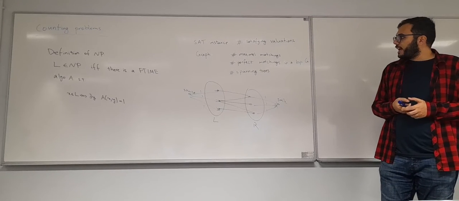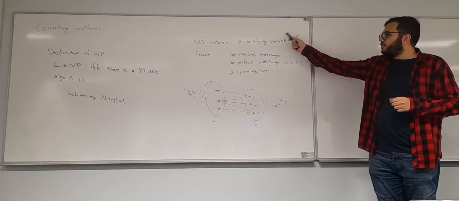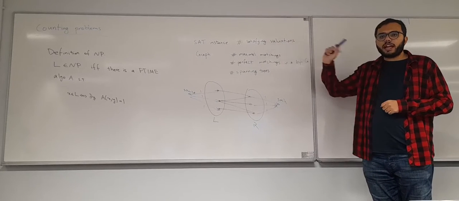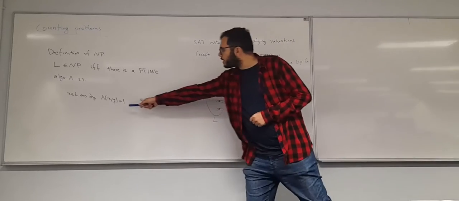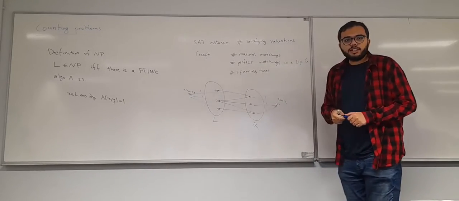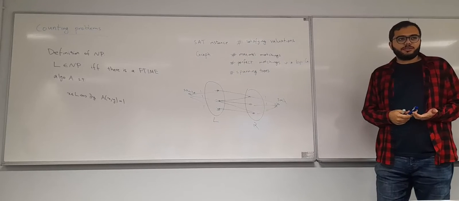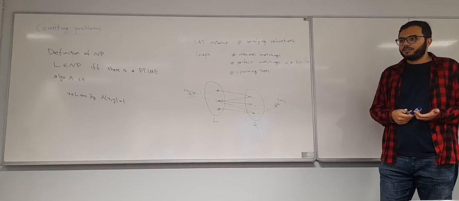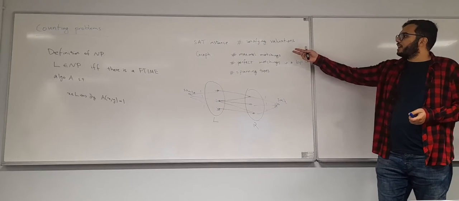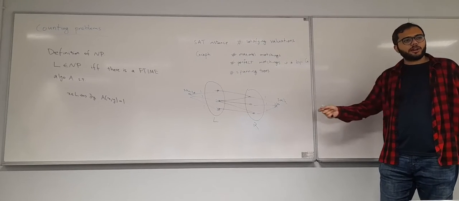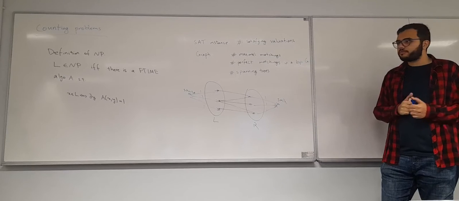But if I actually ask you what are all the valuations that satisfy here, so if I ask you to list all the Y's here, all the certificates, then that can definitely not be done in polynomial time, because I will need 2 to the power of n times n just as my output size.